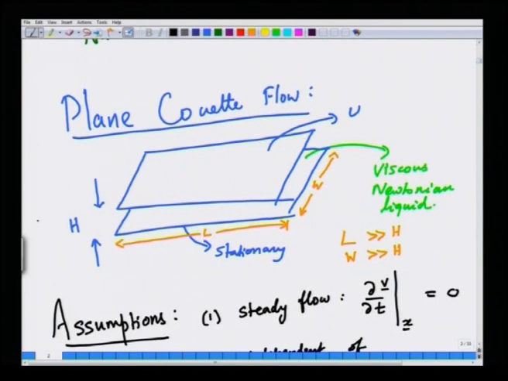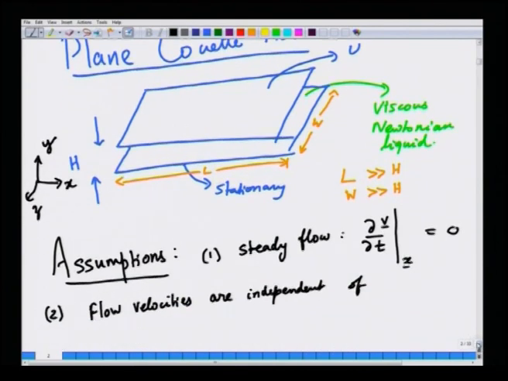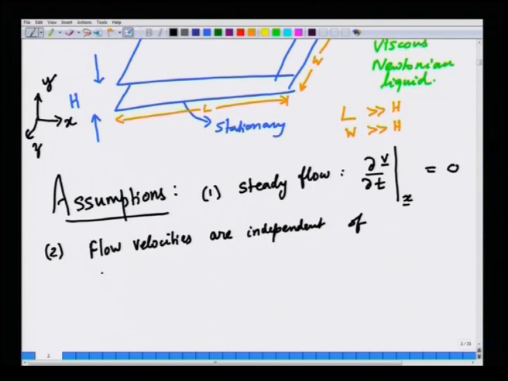So, I am going to assume a coordinate system where the flow direction is x, the gap normal direction is y, and the direction into the plane of the board is z, of coordinate directions y and z, because they are too long in the other two directions.